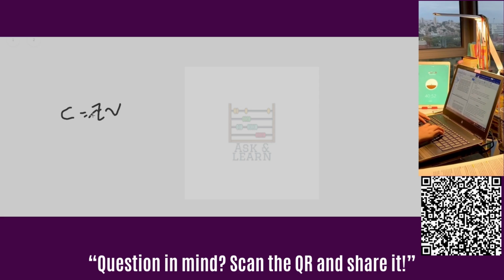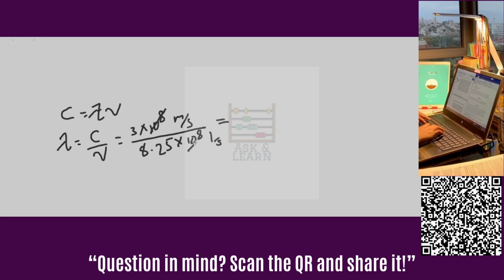To solve for lambda, which is wavelength, it is c over nu. c is 3 times 10 to the 8 meters per second, and earlier we have 8.25 times 10 to the 8 per second. Notice you don't need a calculator for the 10 to the 8, since it cancels out, and the per seconds cancel too, leaving meters.